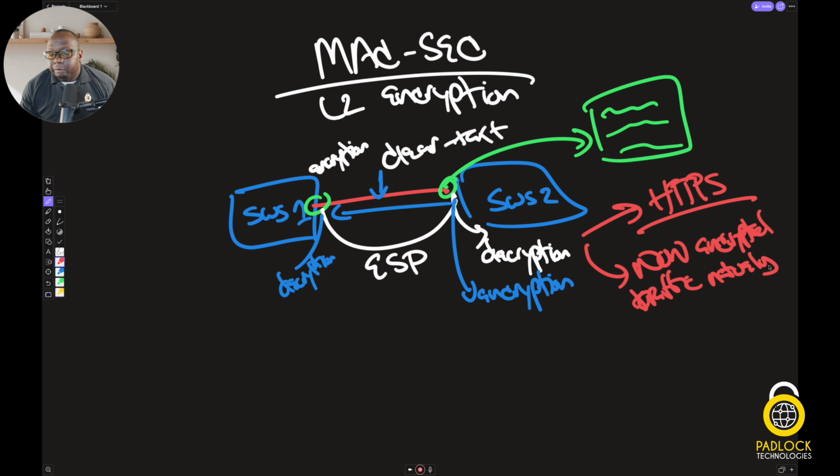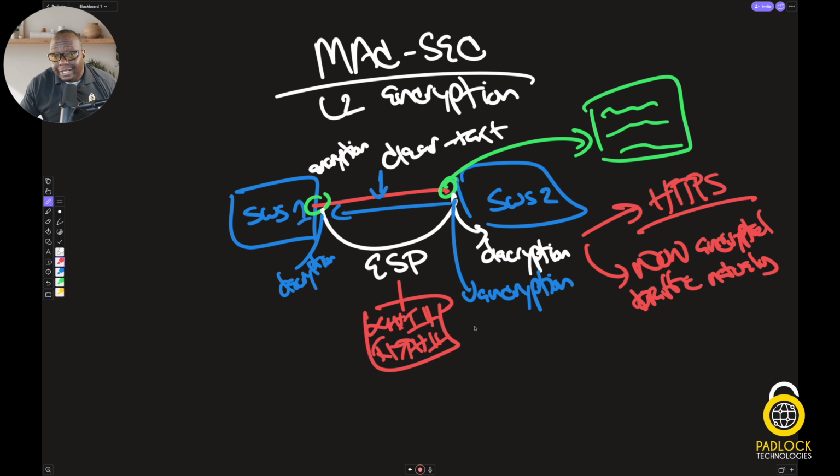This stuff would be encrypted here. So if someone tried to Wireshark anywhere in here, they would see a bunch of gobbledygook. And this is my representation of gobbledygook. So that's what they would see.